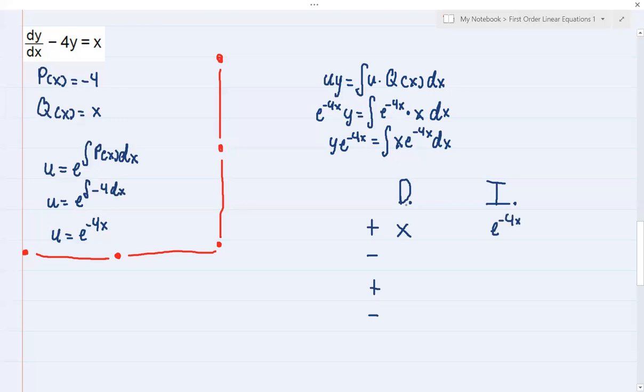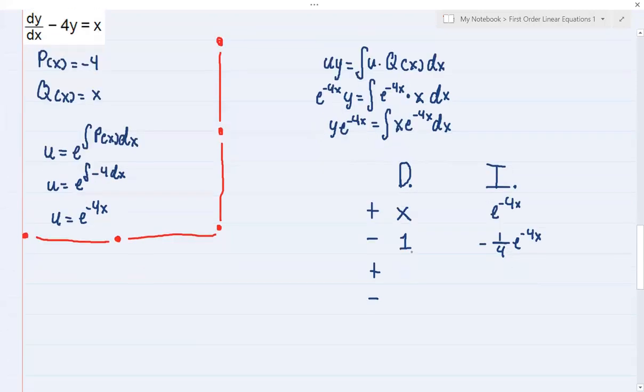So let's first get the derivative of x. What is the derivative of x? We will have 1, right? The next, what is the integral of e raised to negative 4x? This is basically negative 1 over 4 times e raised to negative 4x.